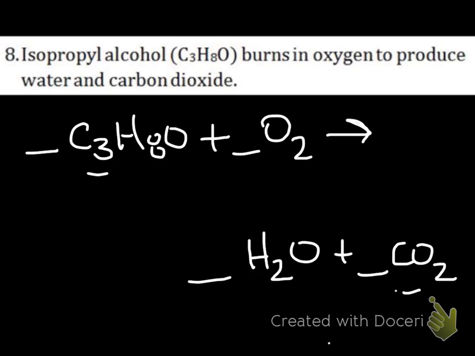So the only way to get that to become 3 is put 3 moles in front of CO2. Since I'm not balancing O yet, I'm going to go straight to the H, so I'm not going to count up my O's. I have 8 H's on the reactant side, but I only have 2 on the product side, so the only way to fix that is with 4 moles.